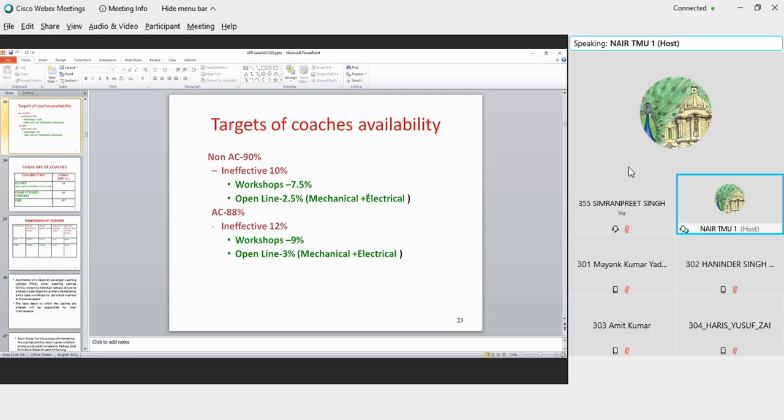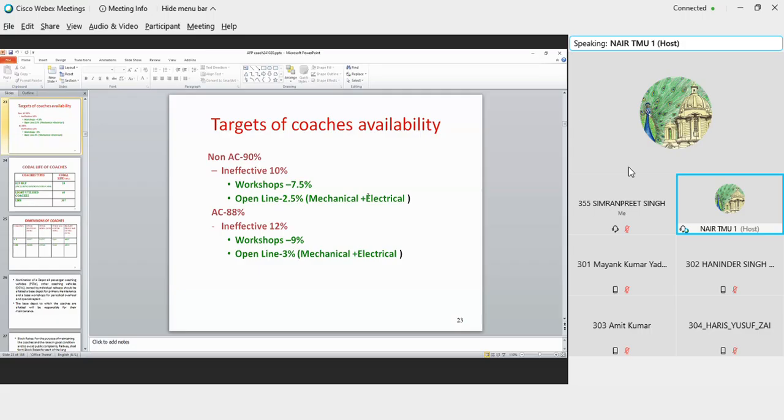Now, this ineffective includes ineffective in the open line, that means in the depots, and also the coaches which are going into the workshops. Unlike a locomotive, which goes to the workshop after 8 years for any maintenance work, the coaches frequently visit the workshops. They might be going after 18 months, they might be going after 24 months, depending upon the design of the coach.